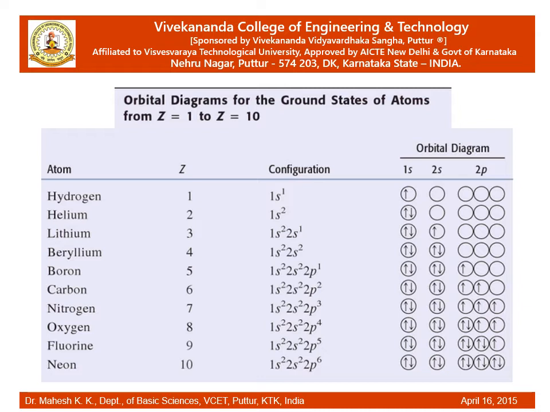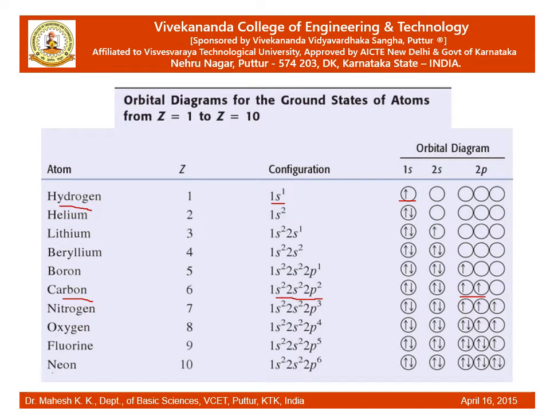Like you can see here, in the case of hydrogen, it starts with one element, so it is 1s1, just one electron. In the case of carbon, it is 6, so 1s2, 2s2, 2p2, and the 2 electrons, based on Hund's rule, are filled one each here.